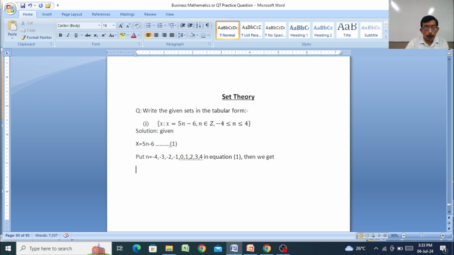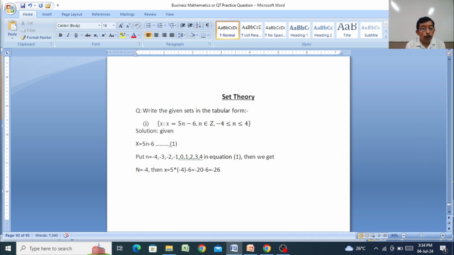Let's suppose we put n equal to -4. Then x equals 5 times -4 minus 6, that is -20 minus 6, so the value is -26.